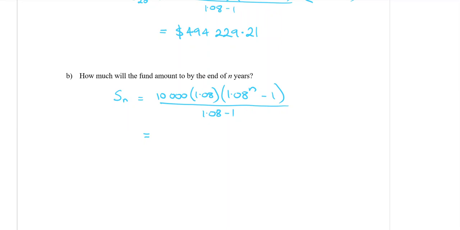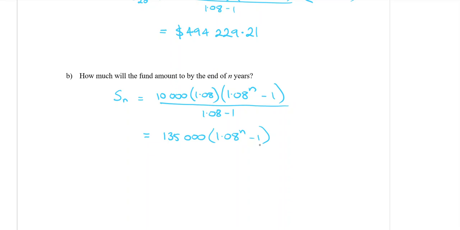I could divide by 0.08 just to get rid of the fraction. So if you type in 10,000 times 1.08 divided by 0.08, it's 135,000 times (1.08 to the n minus 1). It just makes it a little bit of a nicer expression.